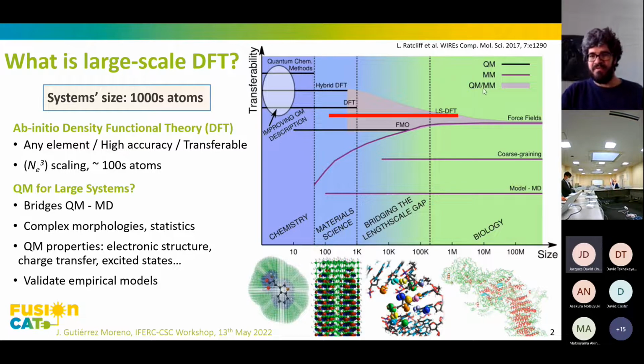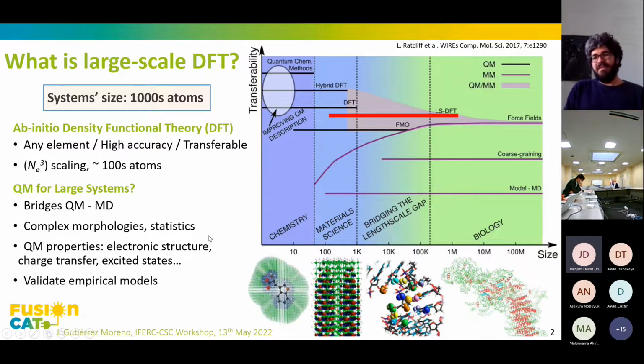So this method we are developing, this linear scaling DFT or large scale DFT, we believe is a nice bridge between both methods, in which we can get almost DFT accuracy and reach very large sizes, much larger than the ones you would get with normal DFT.